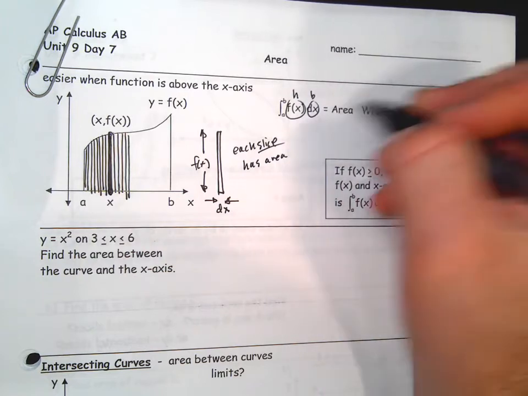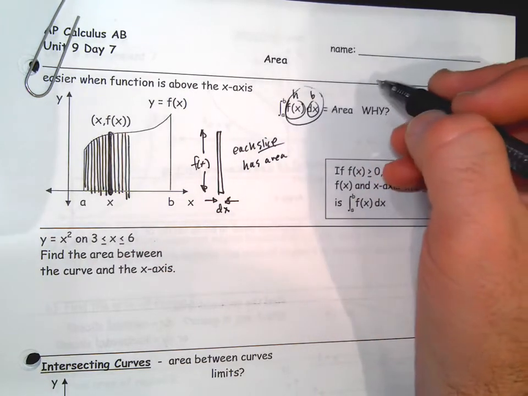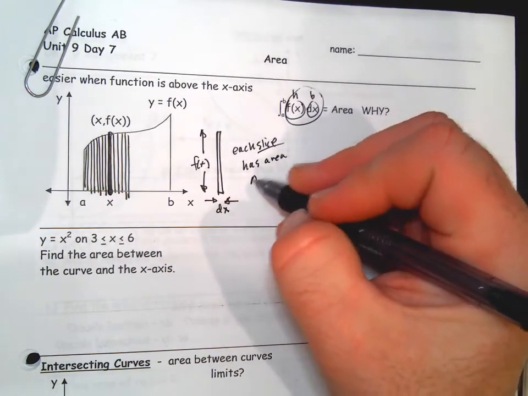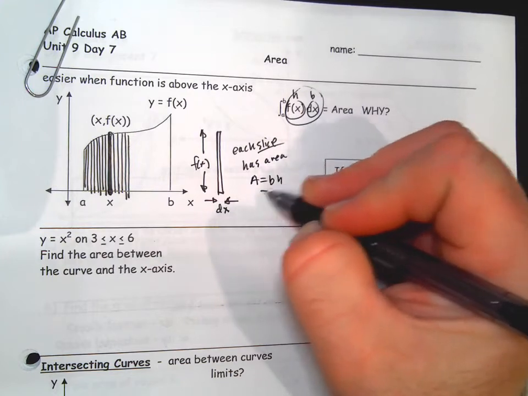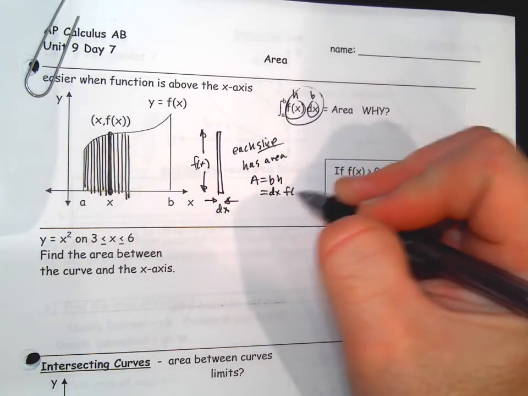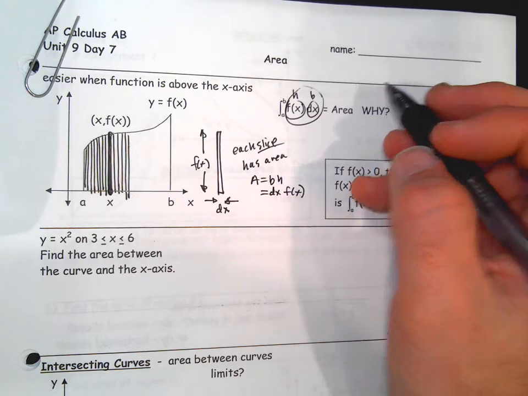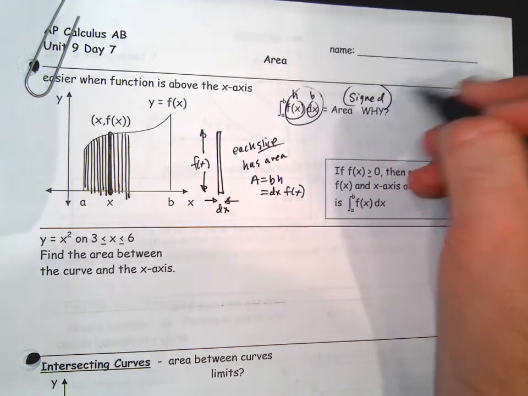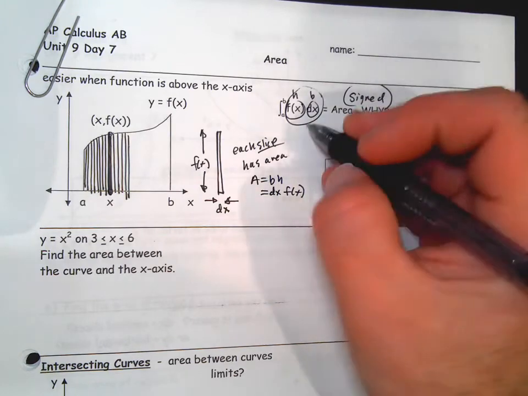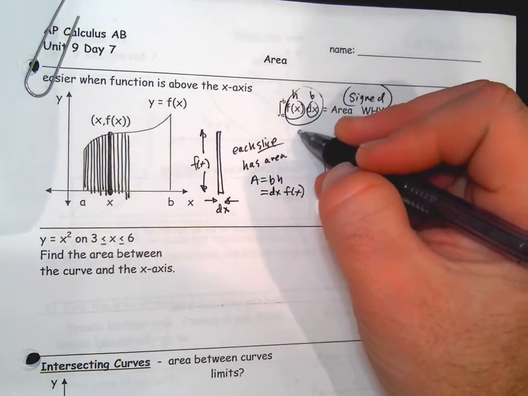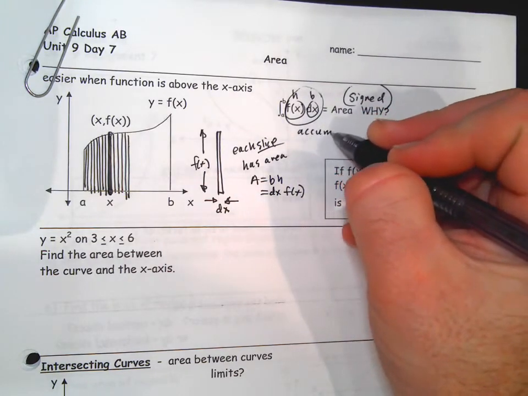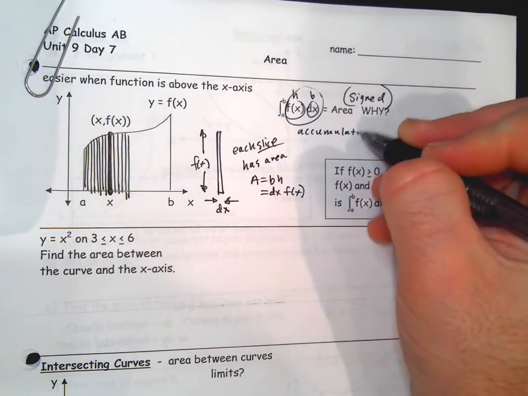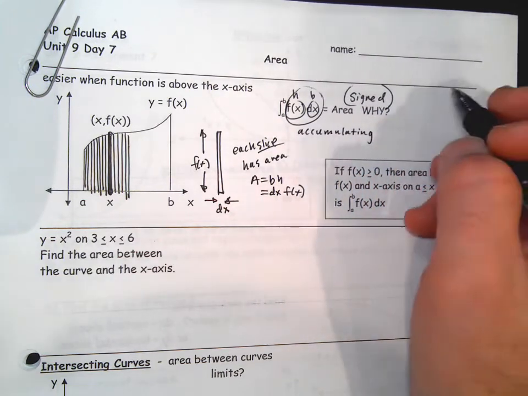And that gives you the area of a single rectangle. And then we accumulate all of them to get the area. Now, it's not really area, it's signed area, remember, because it could come out negative. But we're accumulating all of these thin rectangles and adding them together, okay?